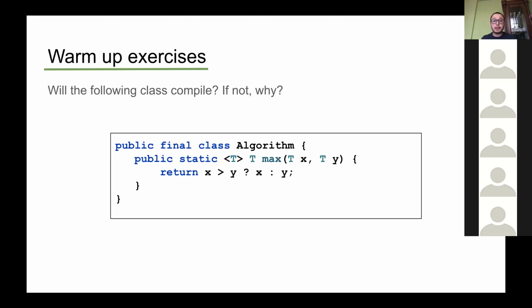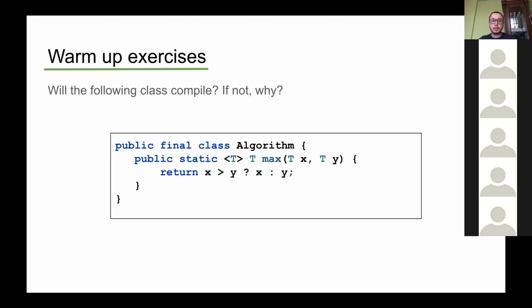So this code will not compile because the compiler considers your parameters, which are marked here as T, as Object, right? And objects usually cannot be compared with this comparison symbol.